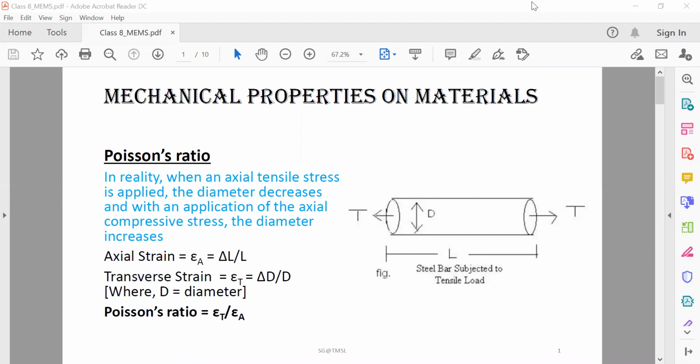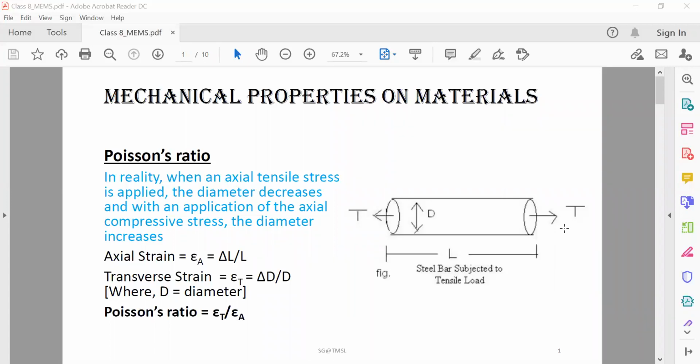When an external tensile stress is applied, the diameter decreases. With the application of axial compressive stress, the diameter increases. When I defined the axial case last day, I told you that the diameter does not change and only the length changes, but in reality that is not the fact.